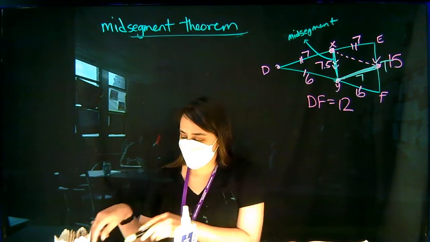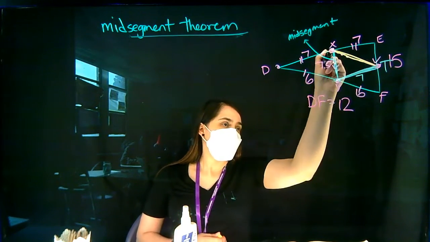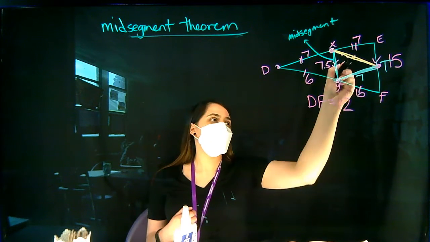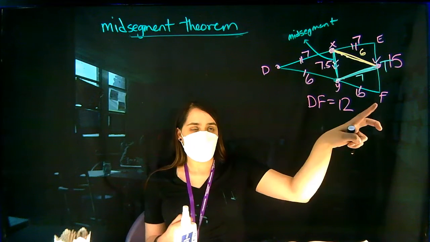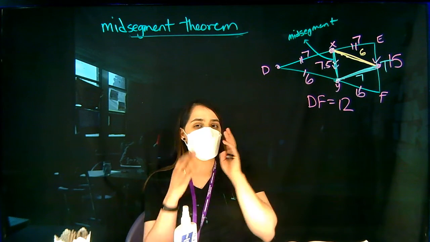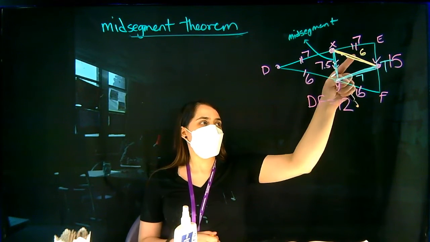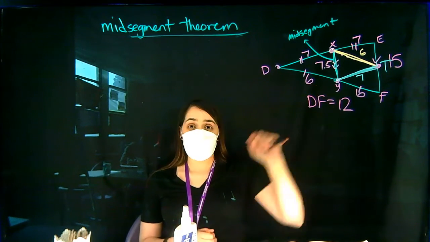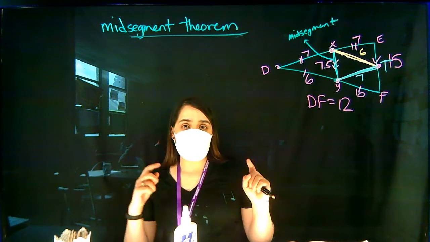Hey, that's pretty cool. Now what about this one? It's 6, because it's parallel to this side, and it's also half of this side. Whoa. So we have a 7.5, 7, and 6 triangle. That's pretty cool. So I'm going to give you another example.